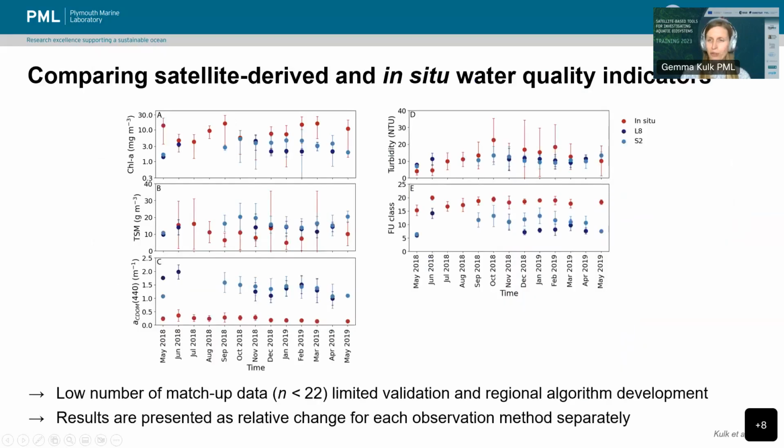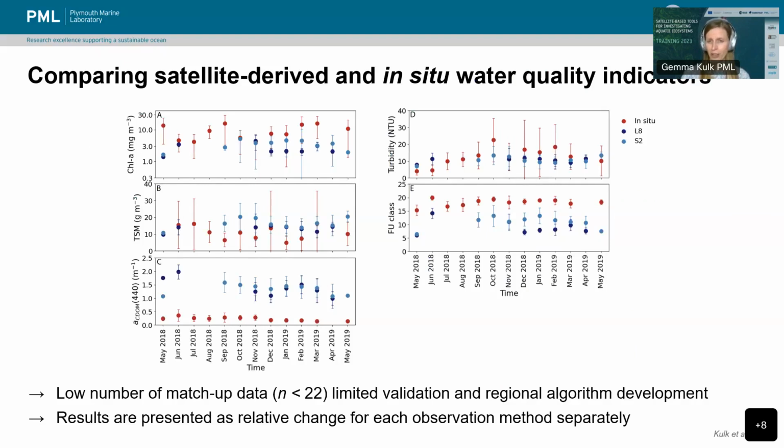As I mentioned before, we used existing satellite retrieval algorithms in this study. And it's therefore important to assess whether these algorithms perform well in our study region. Normally you would validate the satellite-based estimates with in situ data using a match-up data set, but our efforts were limited by the amount of match-up data points we had.